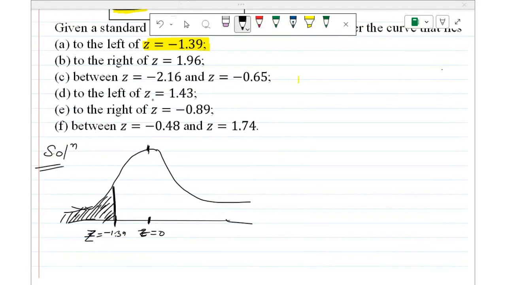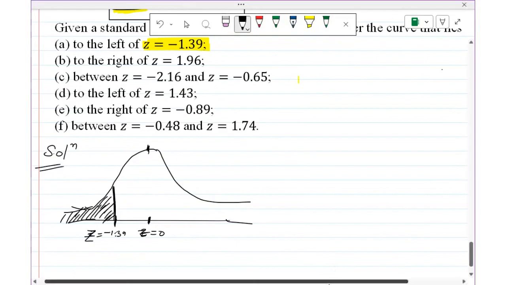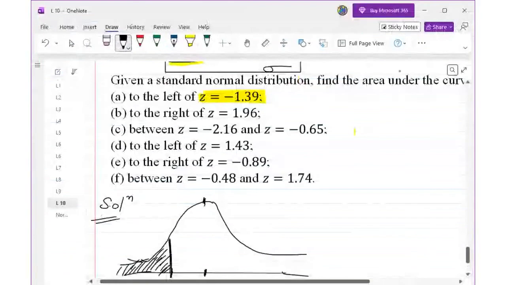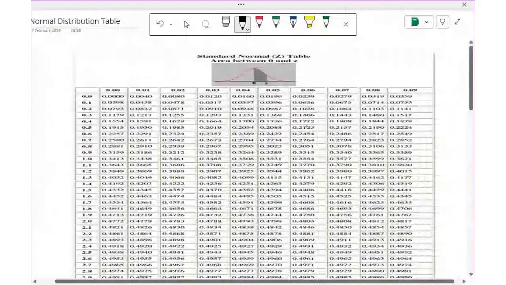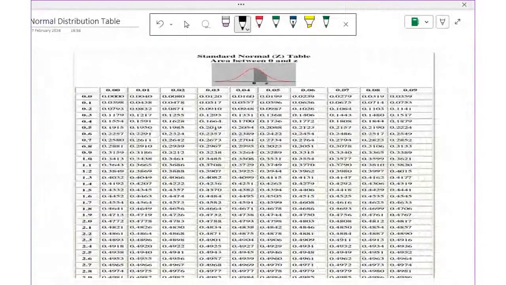So we have to find the area which is on the left side of this diagram. So students, how to find this area? Now we have to learn to see this table. There are two kinds of tables of normal distribution.